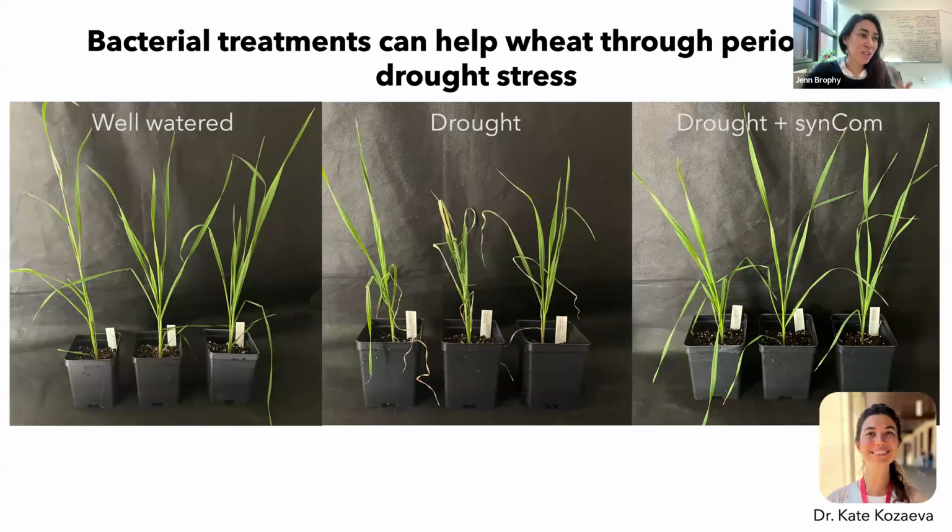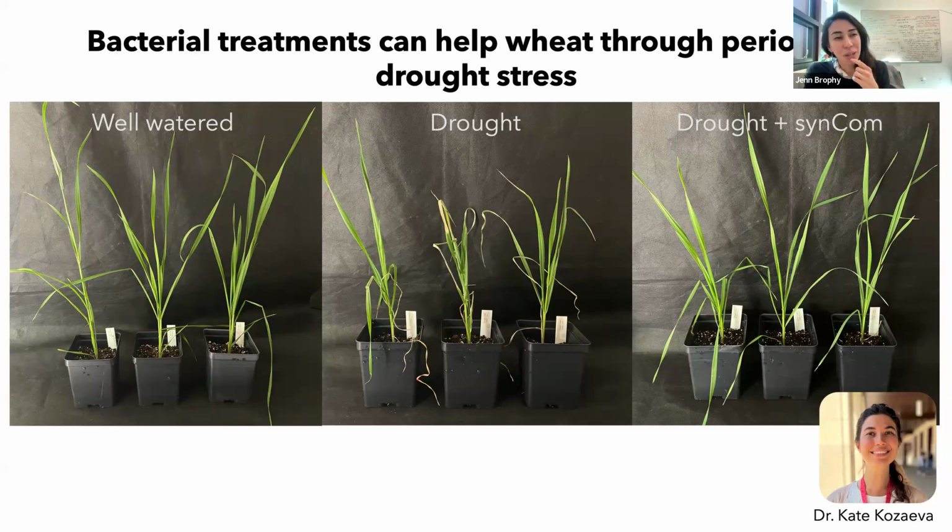It does look like some of these communities that she's building do have this drought protective effect. But we have a lot of work to do still to figure out how the community is working and what design rules exist for putting together a community that has a function like this.